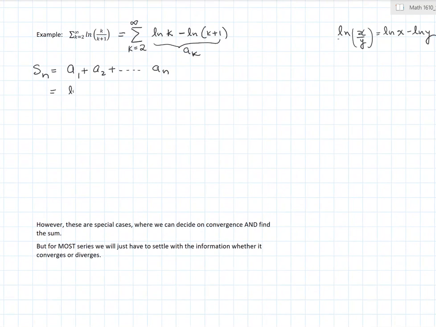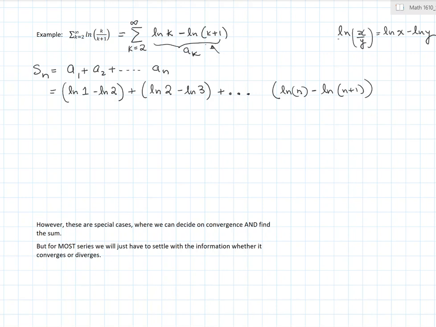That is obviously ln of 1 minus ln of 2, since k is 1. a2 would be ln of 2 minus ln of 3, plus, and if we keep going, our an would be ln of n minus ln of n plus 1.